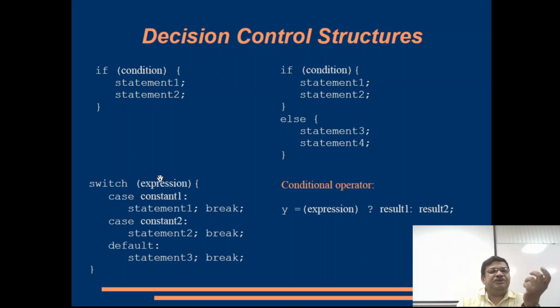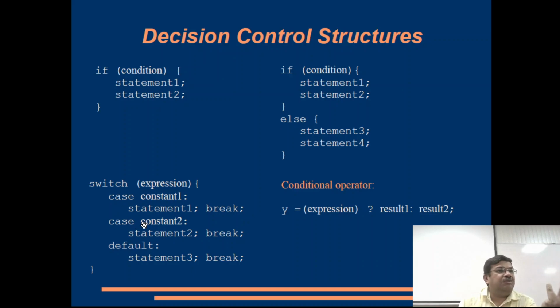See, if you take some expression, let's say x is greater than y, right? And if case one is some constant, let's say true, if the identifier x is greater than y, it evaluates to true, case true, it will execute this, right?